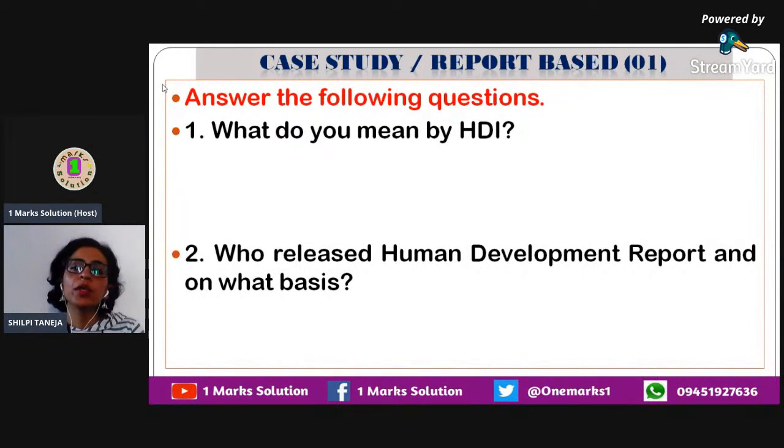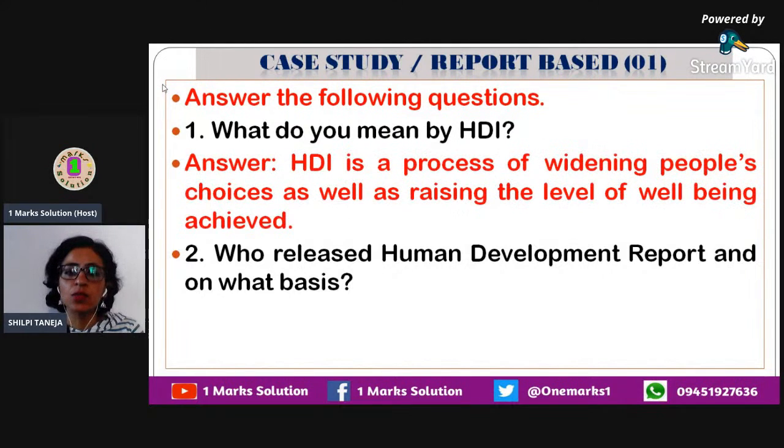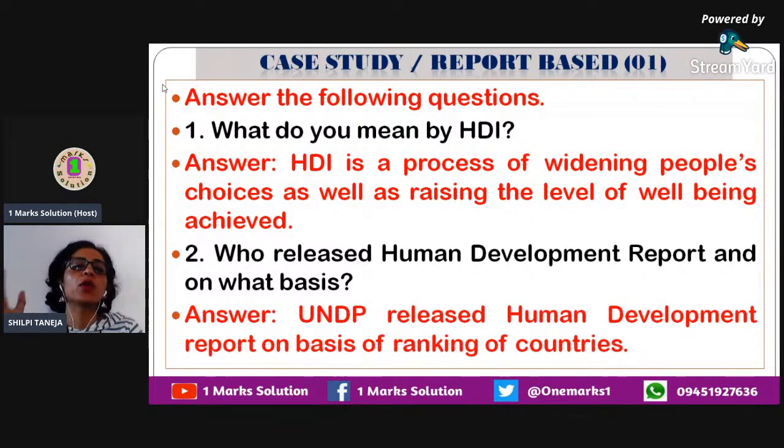Now, what do you mean by Human Development Index? What is it actually? It is the process of widening people's choices as well as raising the level of well-being achieved. When we have proper indicators, like we have less number of deaths in our country, high number of births and high life expectancy, low infant mortality rate, low maternal mortality rate.